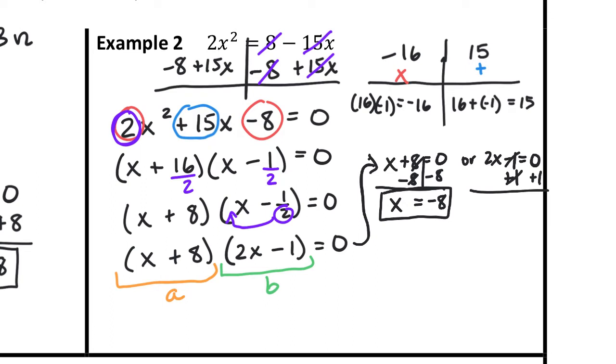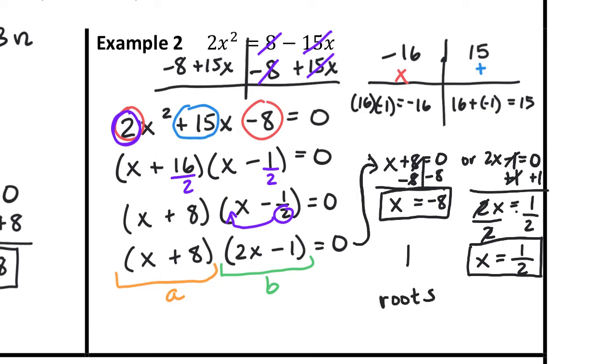These cancel, we get 2x equals positive 1, and then to get rid of the 2, we divide both sides by 2. X equals 1/2. So these two answers are my roots.